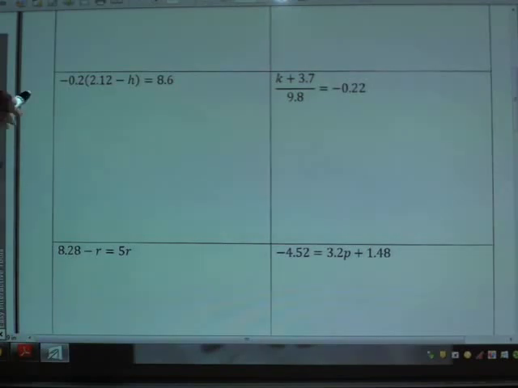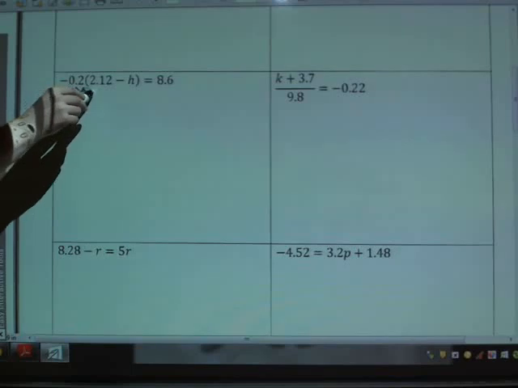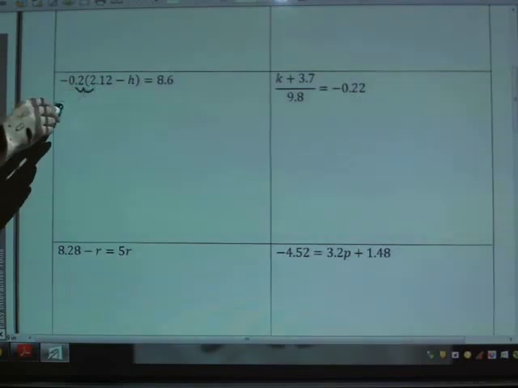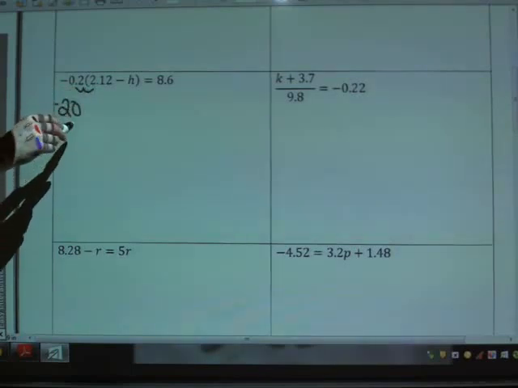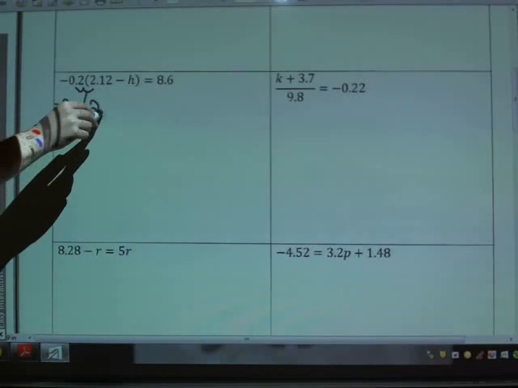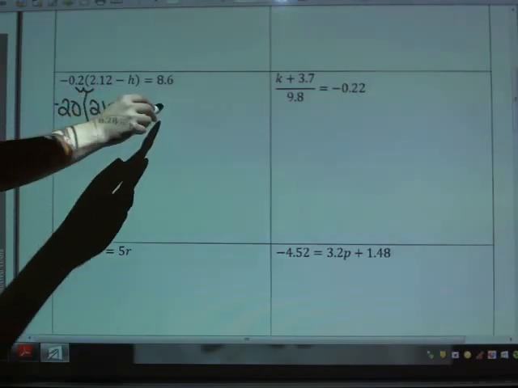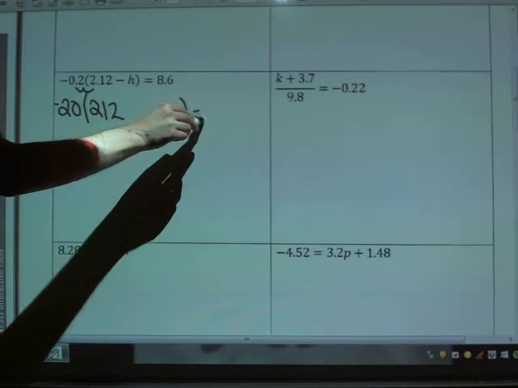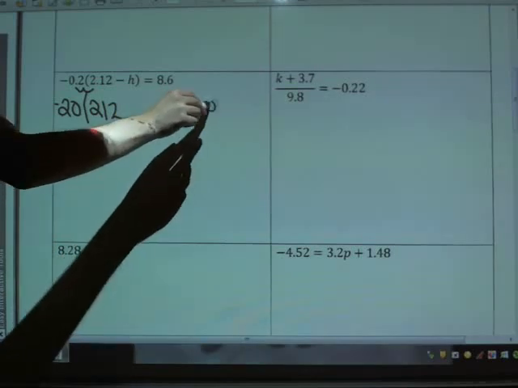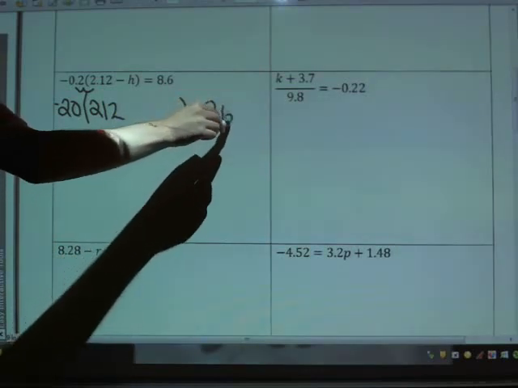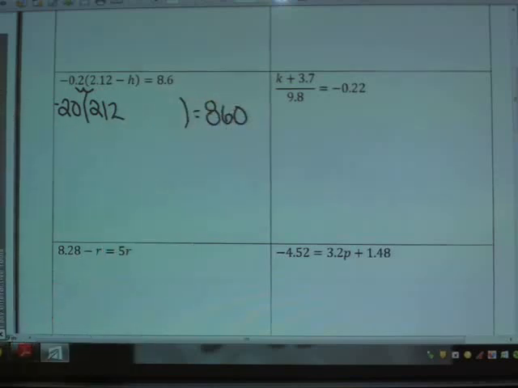So, for instance, in this 0.2, when I kick that twice to the right, now all of a sudden that's going to become negative 20. And again, that has to be done in every part of the line here. Now, where we run into problems, and as you can see I'm leaving a quick blank here, is that h. Remember, h there would actually be the equivalent of 1 times h.